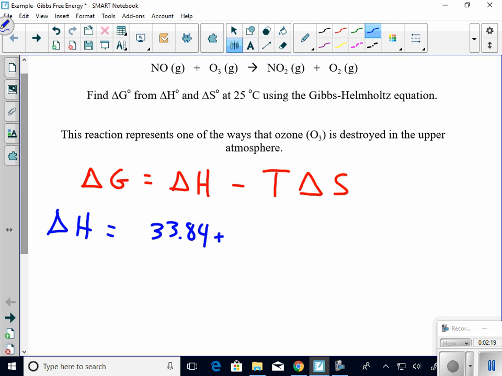Then I look for oxygen gas. My enthalpy for oxygen gas is 0. Nitrogen monoxide is my first reactant, so I've got 90.37. And to that I add ozone, O3, which is 142.3.